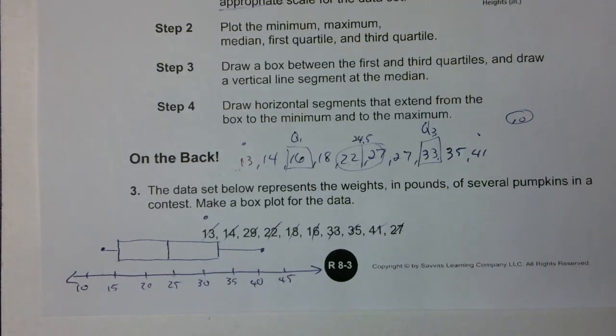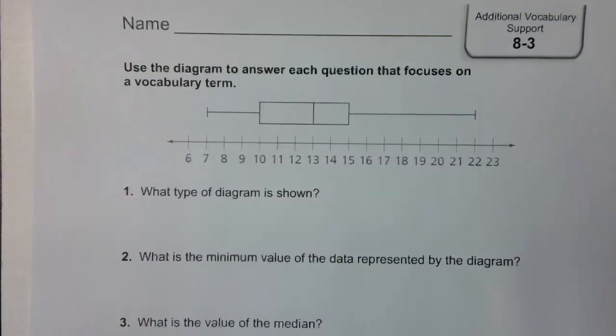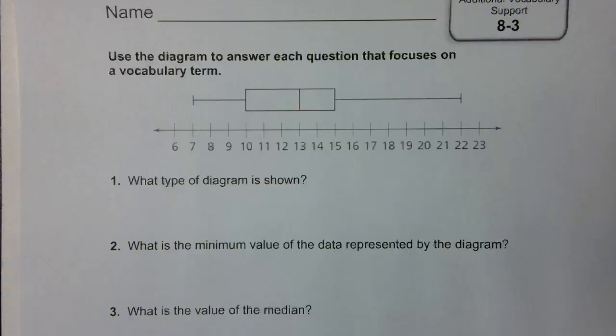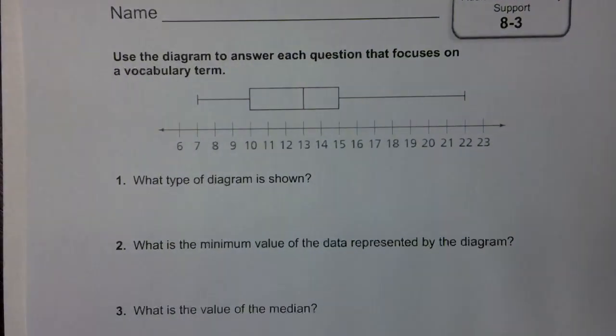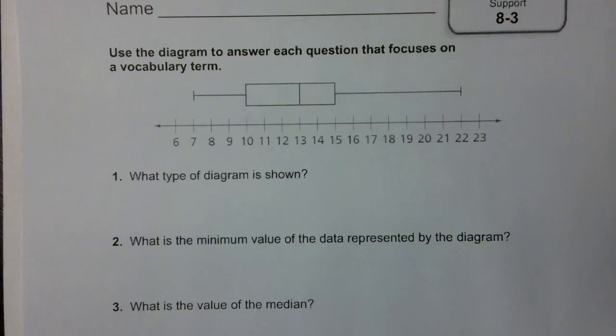All right, go to your vocabulary page. Teachers, you should think of questions that you could ask them about box plots. We're going to use the diagram to answer these questions. What type of diagram is shown?